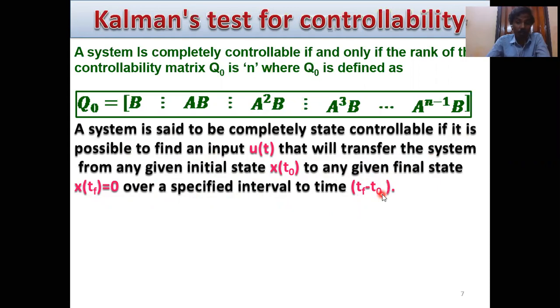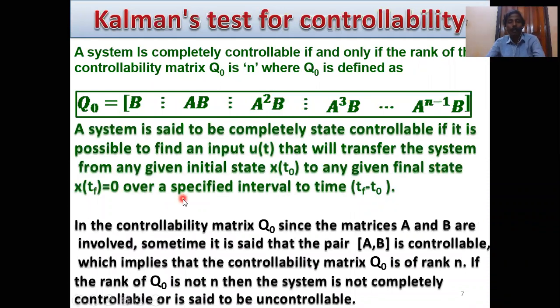So we have initial time t0 and initial state x of t0, similarly final time tf and final state x of tf, and input u of t. The system is controllable when the rank of Q0 equals n.